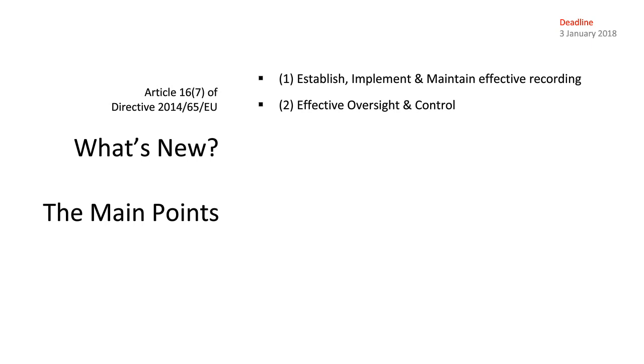Now, quite a lot of questions arise from this, and that is, what is effective oversight, and how can this be achieved? This is something, again, we'll be touching on in a few slides' time.